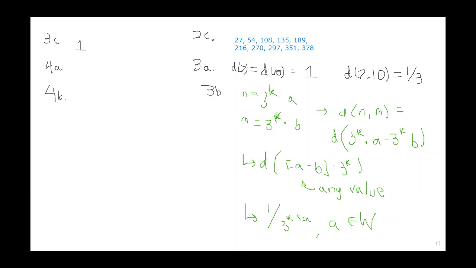D of 34 is less than or equal to d of 17 plus d of 17, which is true, because all these distances are 1. All right, what about d of 17 and 95? I'll copy what you have here, and very good. So that's 4A.